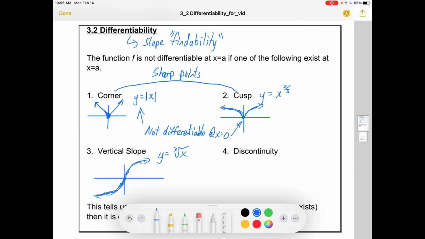This is a different type of problem than we have in number 1 and 2. The reason we can't talk about slope here is because vertical slope is undefined. It would have infinite rise over no run, and division by 0 continues to be a problem. So this function that I just drew here is also not differentiable at x equals 0. It is okay everywhere else, though.